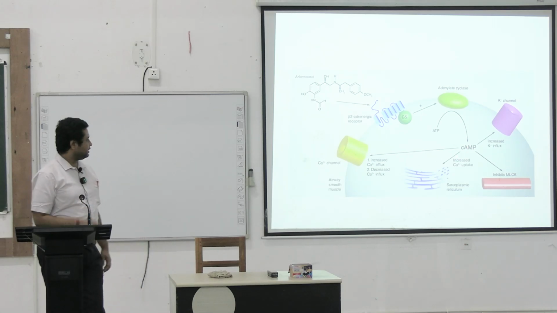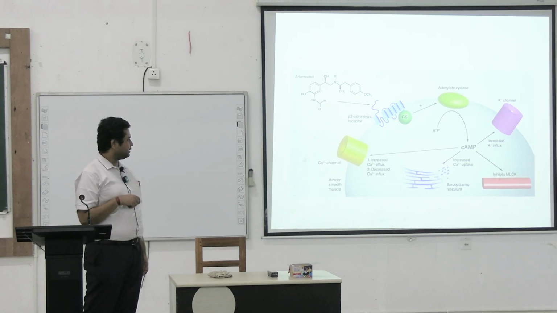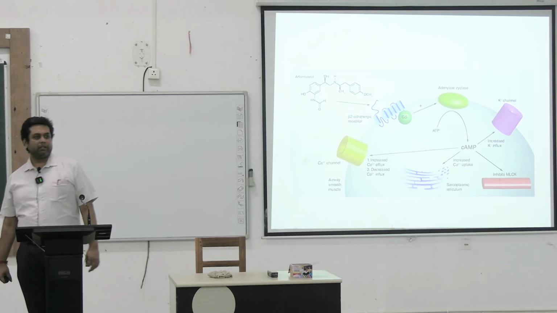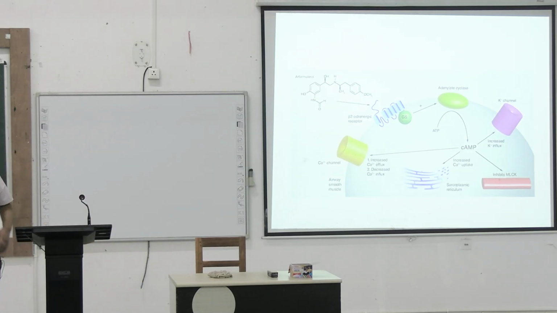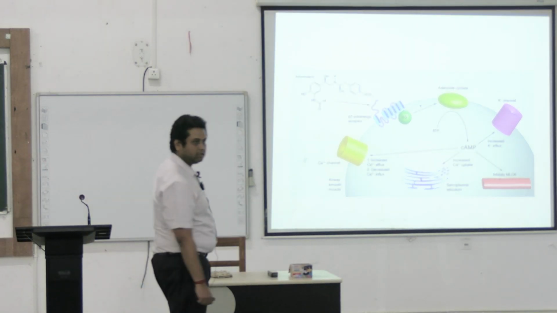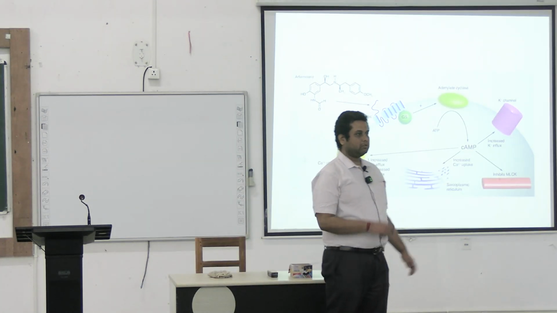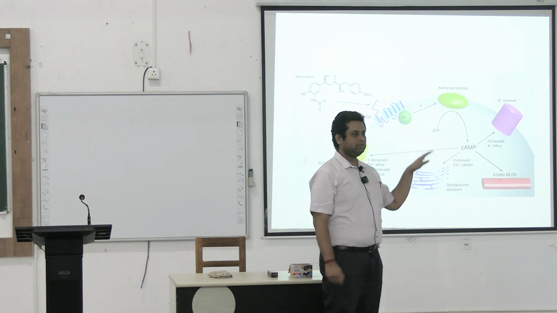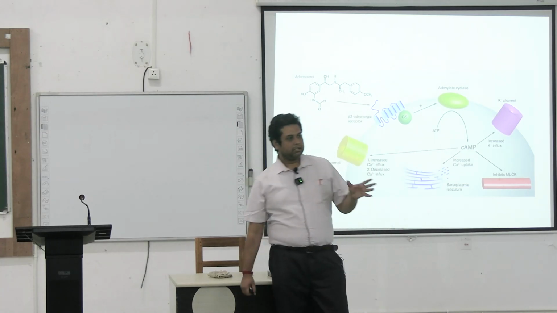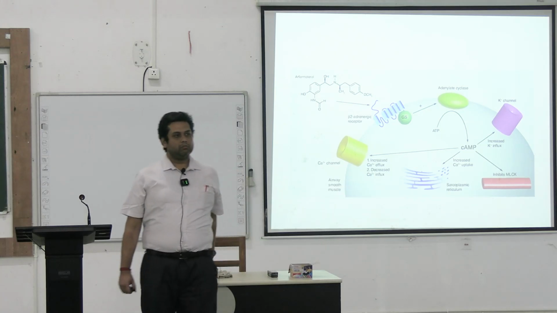So what does this cyclic AMP do? It increases the outflow of calcium and uptake of calcium in the sarcoplasmic reticulum. So what is the function of calcium in smooth muscle or any muscle? Constriction. Any muscle to constrict requires calcium. Since the level of calcium is being lowered, it leads to bronchodilation.